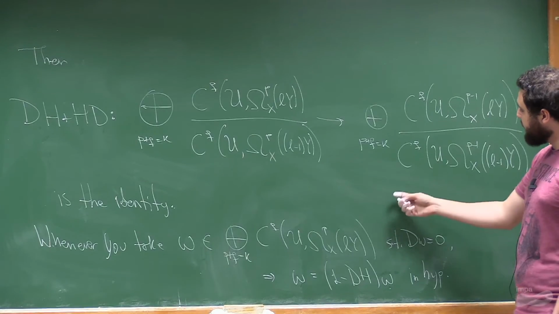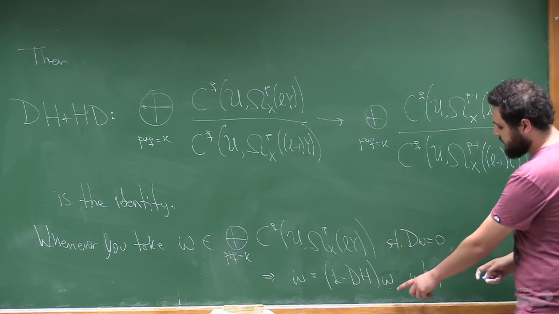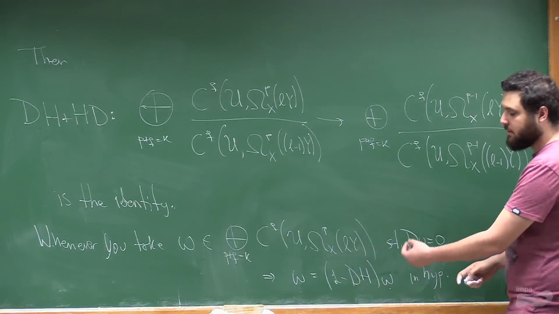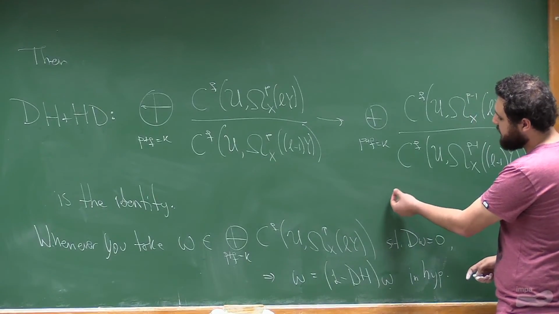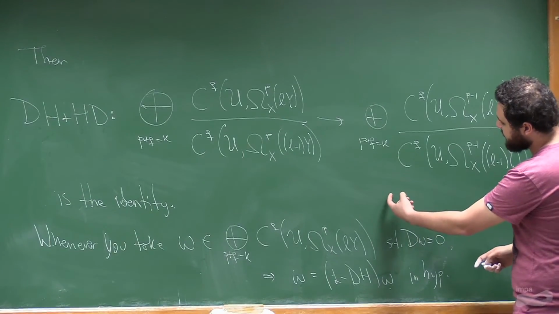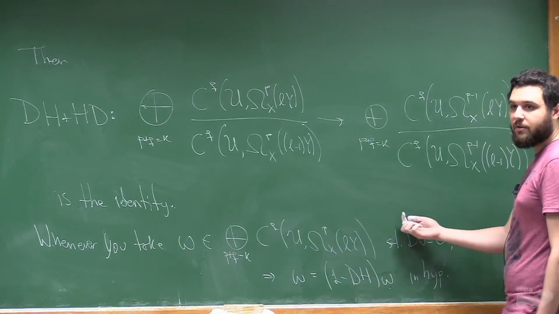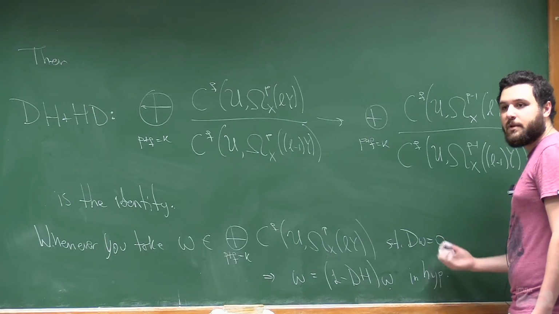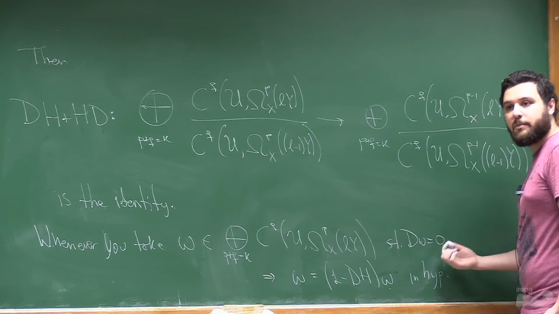Since d of this representative is 0, when you apply the differential d to any of these representatives, it must equal the Čech differential of the other representatives that also have pole order at most 1.